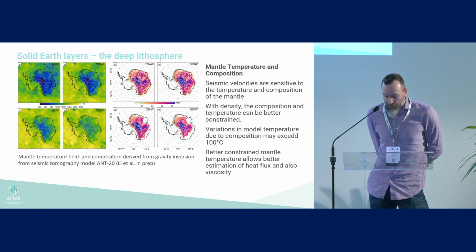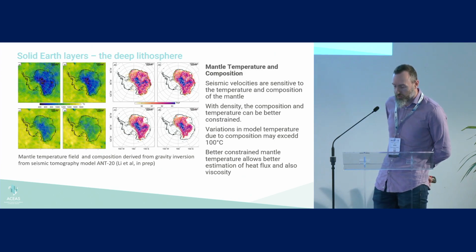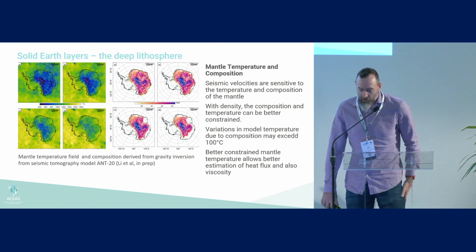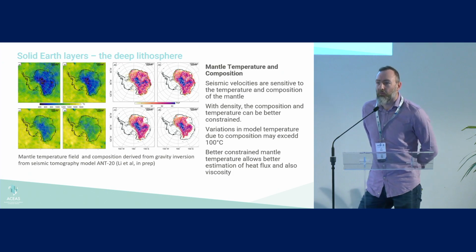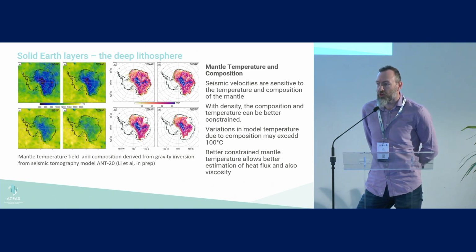The final thing to talk about, we've seen a few already, is mantle viscosity and derivations from seismic tomography, and that's really, really critical. One thing that we've been looking at is the composition of the mantle, using the density field to constrain that velocity to temperature conversion a lot better.